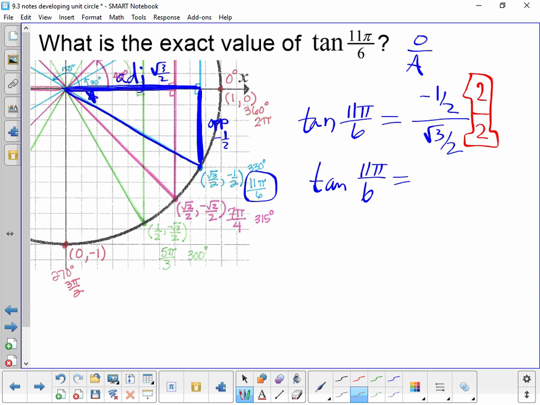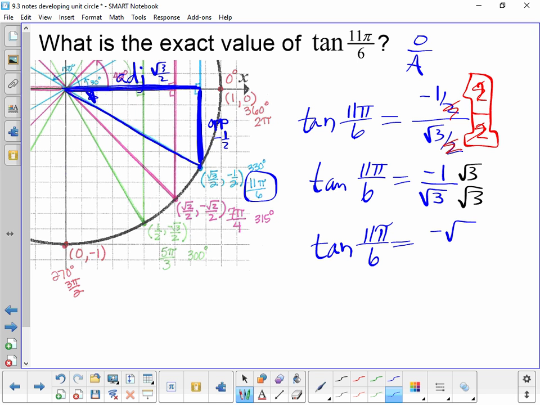Well, if I do that fancy number 1, this 2 and this 2 reduce, and this 2 and this 2 reduce. So I'm left with a negative 1 over root 3. And I could, to be more proper, rationalize that. It's not incorrect at this point, but we consider it more simple and in better form if we rationalize it. So the tangent of 11 pi over 6 is equal to negative root 3 over 3.